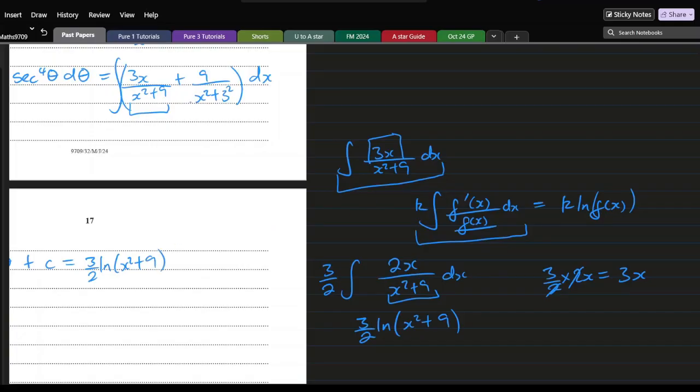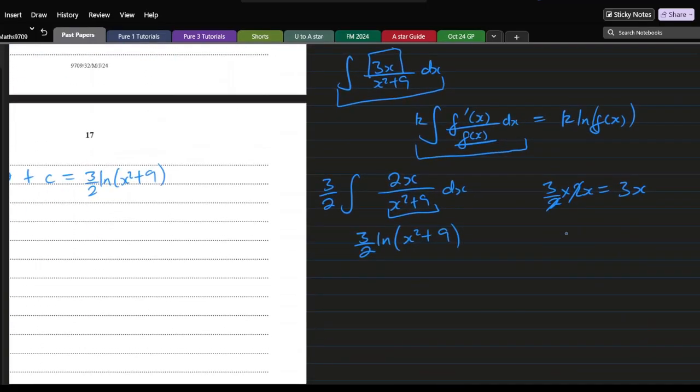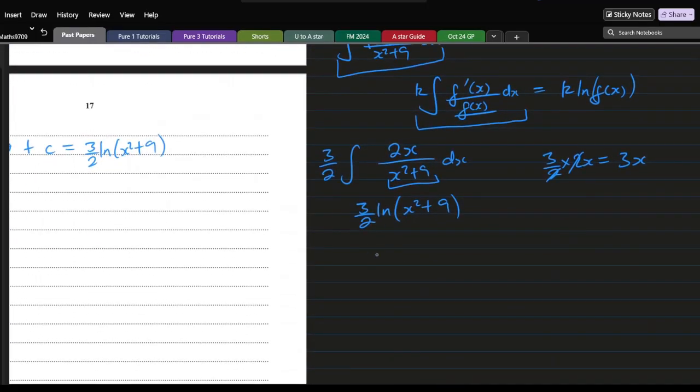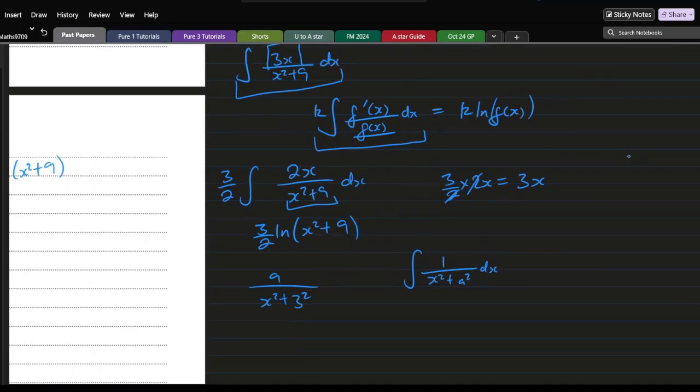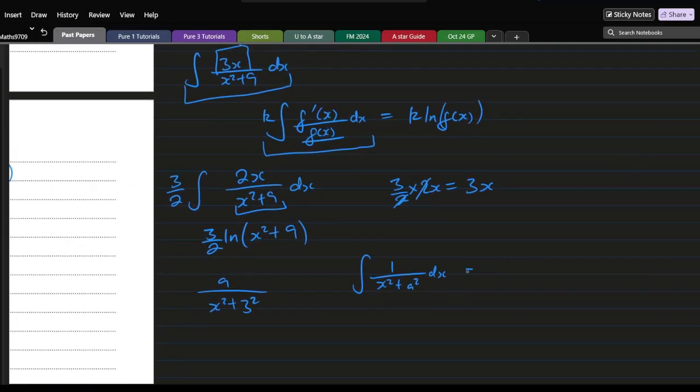Then for this part over here, that is 9 over x squared plus 3 squared. We're going to use the idea that the integral of 1 over x squared plus a squared with respect to x is equal to 1 over a arctan of x over a.